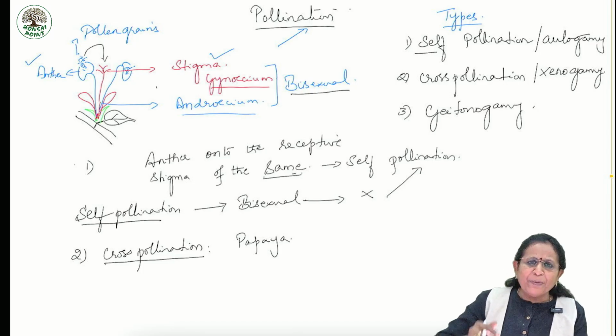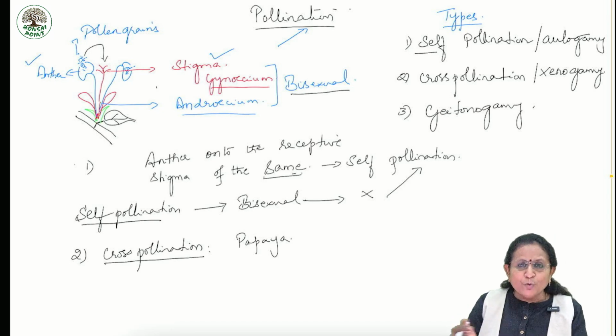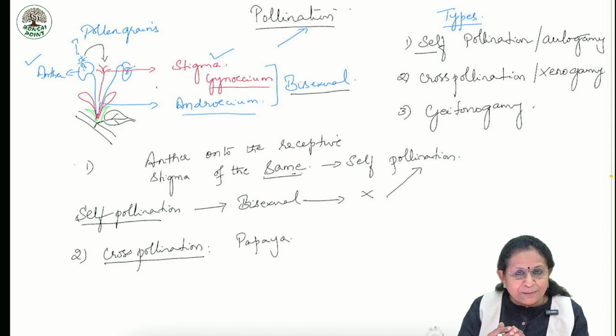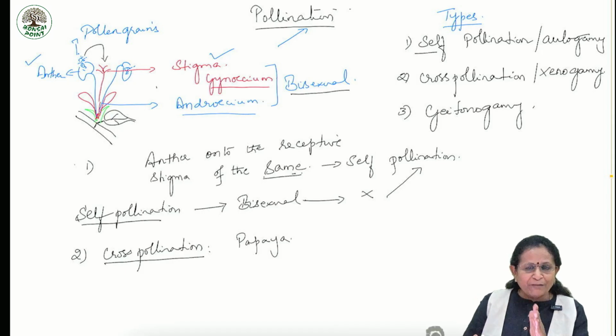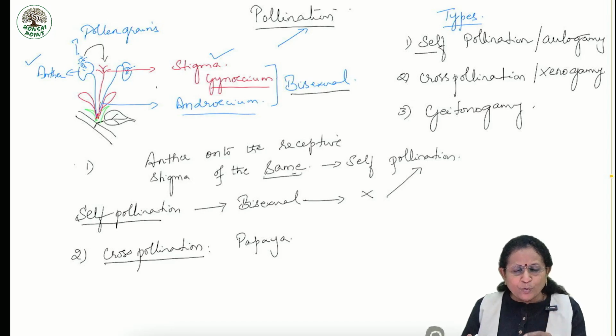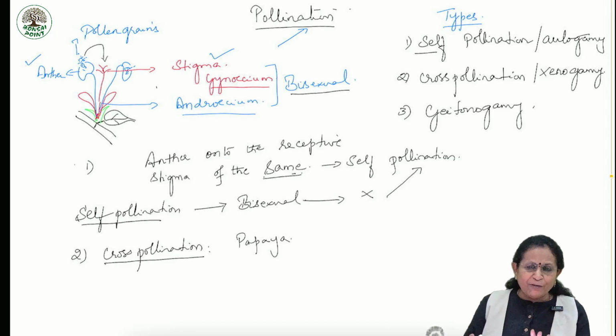For papaya, we have two plants for the pollination and fertilization to get completed. That means we have a male papaya plant and we have a female papaya plant. So, by now you must have understood. The male papaya plant will have only unisexual male flowers. The female papaya plant will have unisexual female flowers.